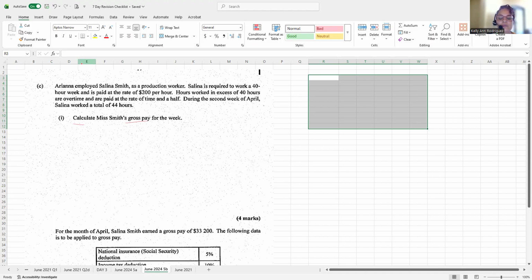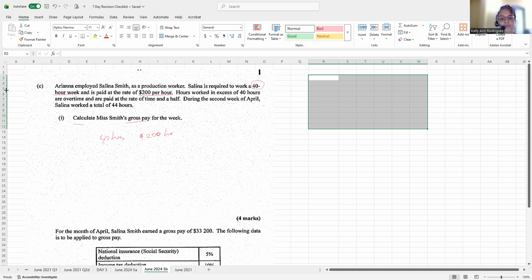Selena is required to work a 40-hour week. So how many hours per week? This is our weekly pay. 40 hours per week, and she is paid at a rate of $200 per hour. So she's working 40 hours and her hourly rate is $200 per hour, right?